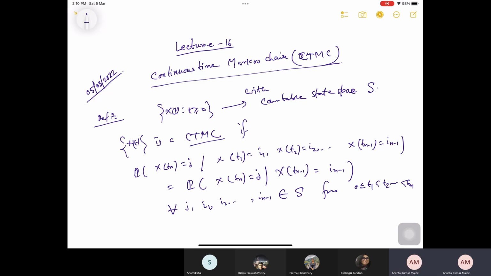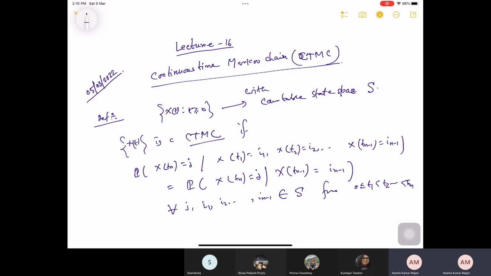See, this is exactly what I have done before. If you think of Y_n equal to X of t_n, then at these discrete time points Y_n is a DTMC. So this is the same definition.